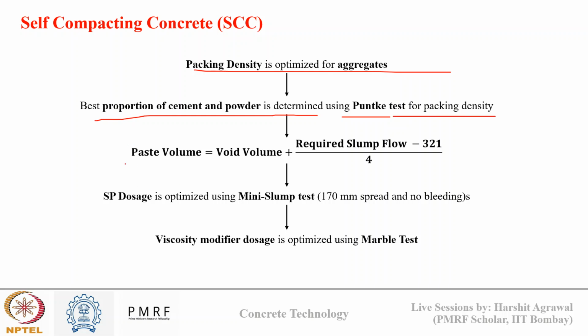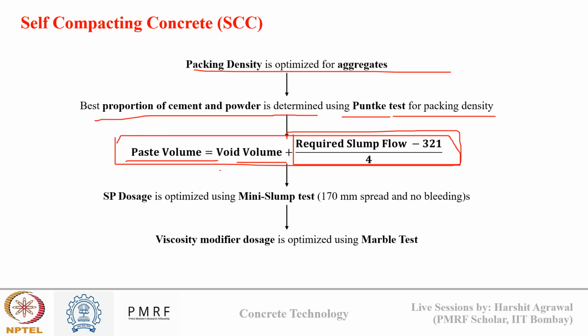And the paste volume is the void volume plus the required slump minus 321 by 4. This formula for achieving a self-compacting concrete was derived by IIT Madras.